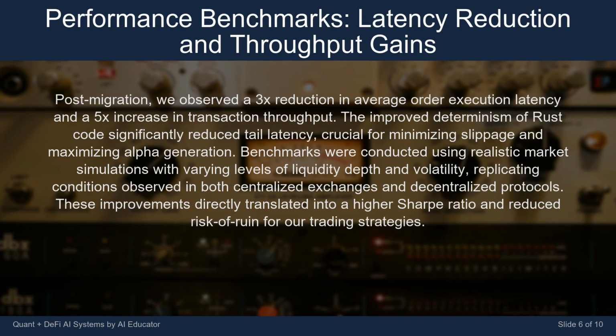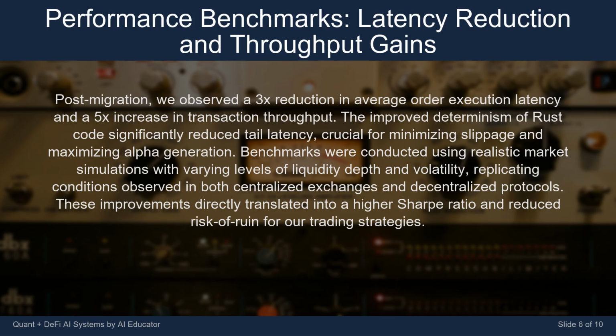Post-migration, we observed a 3x reduction in average order execution latency and a 5x increase in transaction throughput. The improved determinism of Rust code significantly reduced tail latency, crucial for minimizing slippage and maximizing alpha generation.